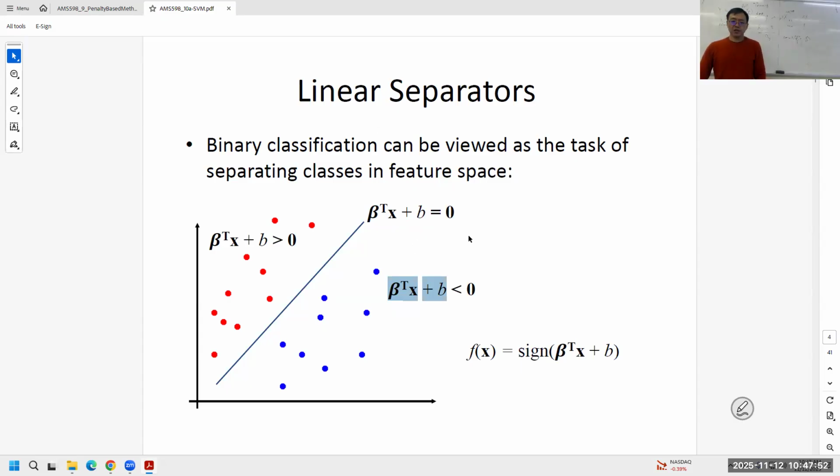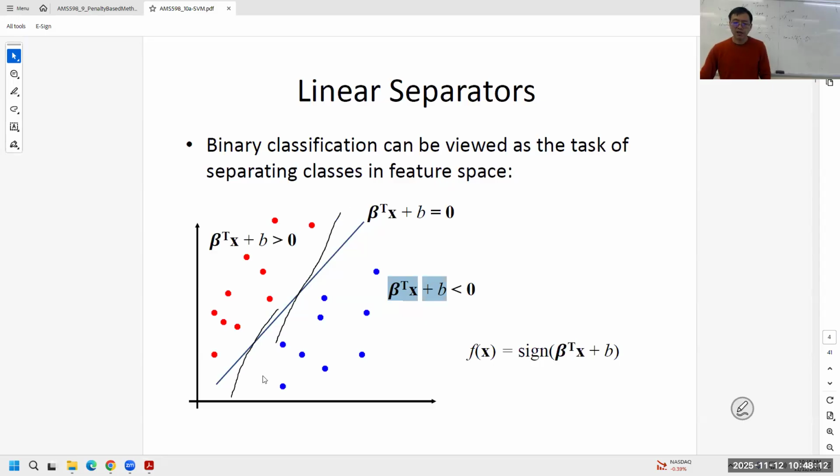Now the question is, for these two groups of objects, there could be many linear lines to separate them. The line I drew on the slides is one.